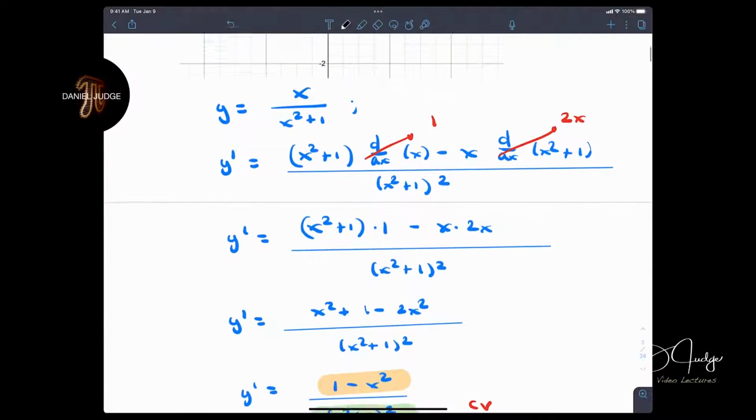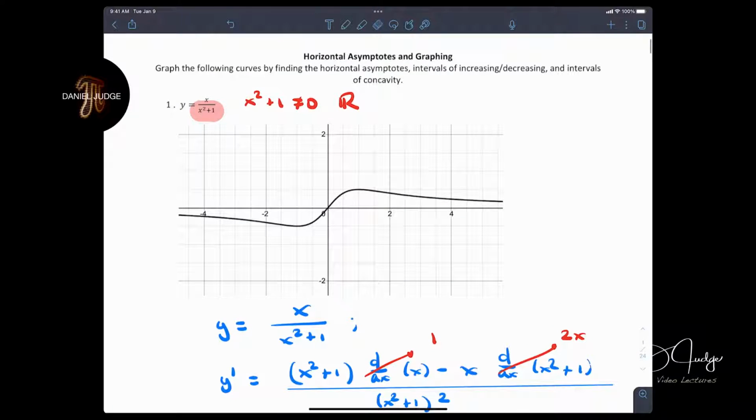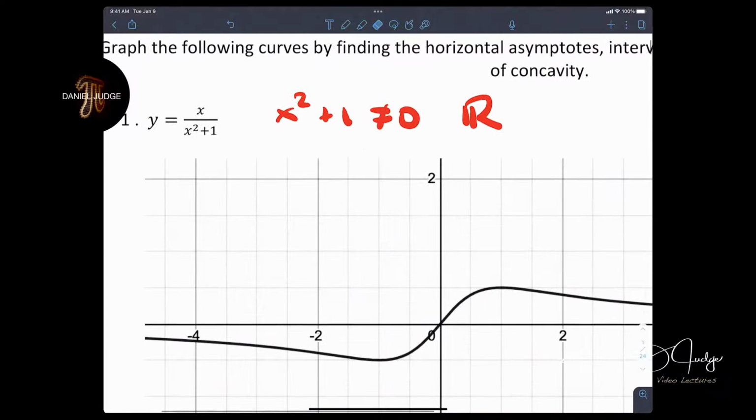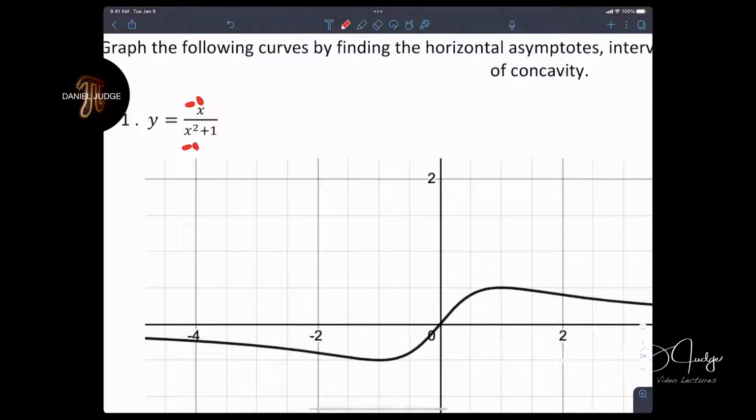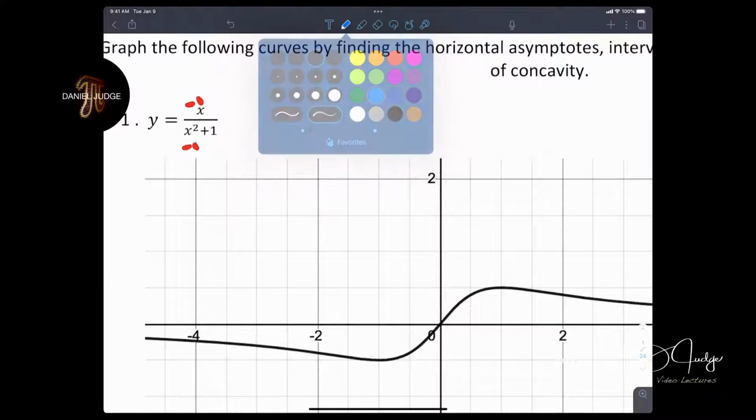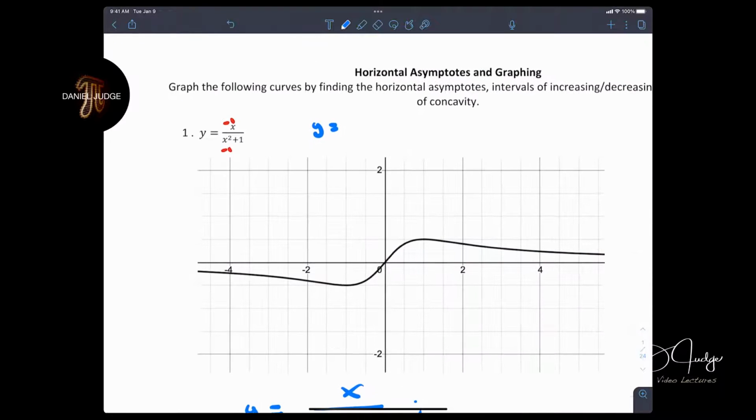So if I go back to this original curve here, right? If we plug -1 in first to x, that y value is -1 over -1 squared plus 1. So the y value will be a -1/2. Okay, so it's -1/2.